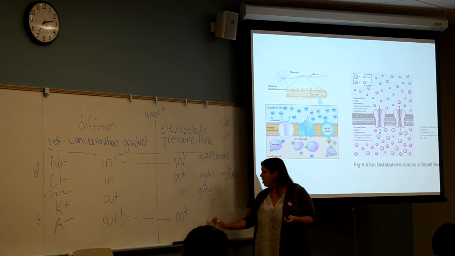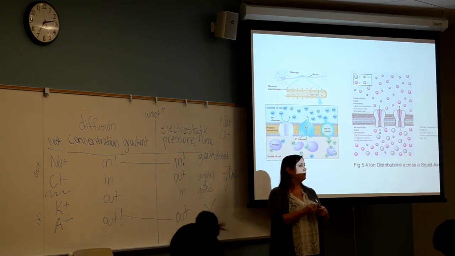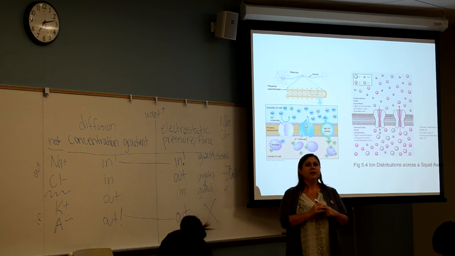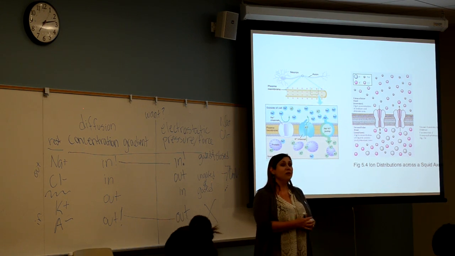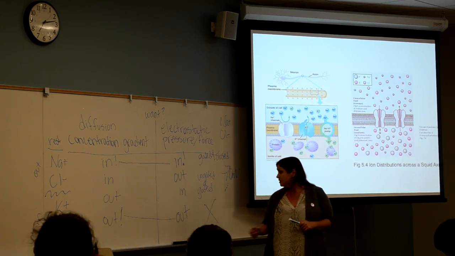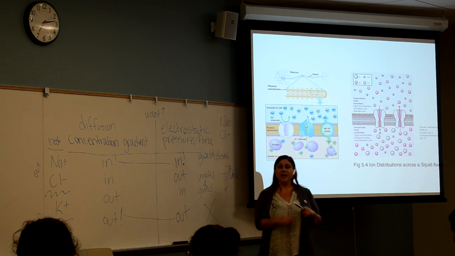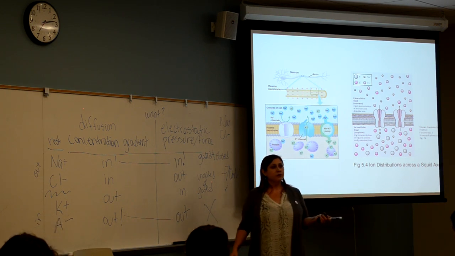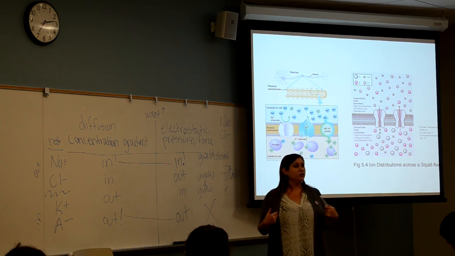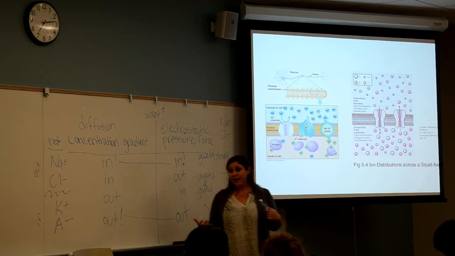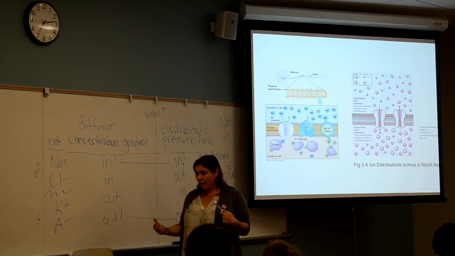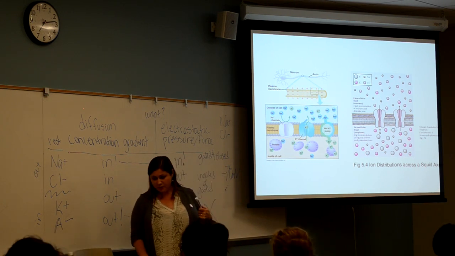But there are no channels big enough for anion A to get out. That's why the cell is negative 70 millivolts at rest. Because there's a lot of anion A in there and it has no way of getting out. So it keeps the cell very negatively charged. And it has to be that way for action potential to happen. It has to be set up this way in order for action potential to happen.